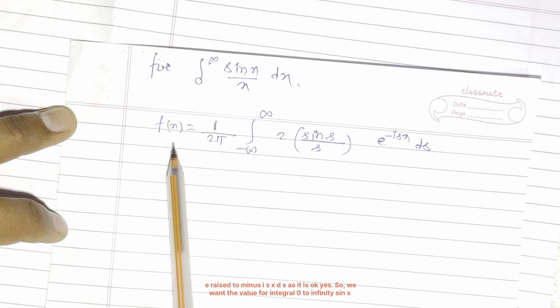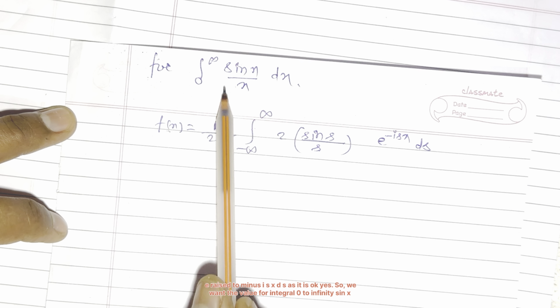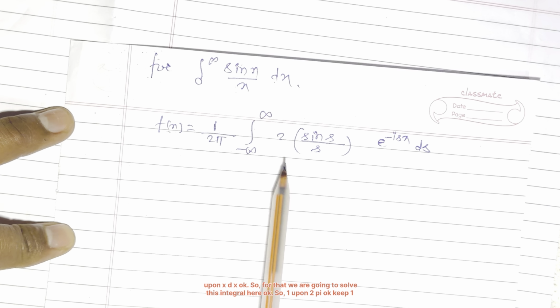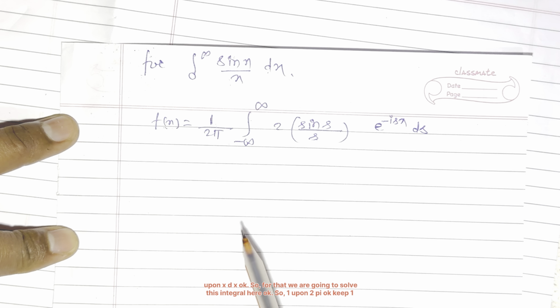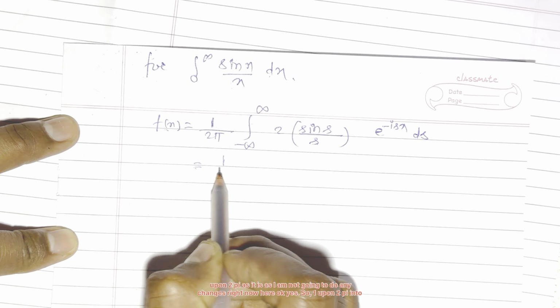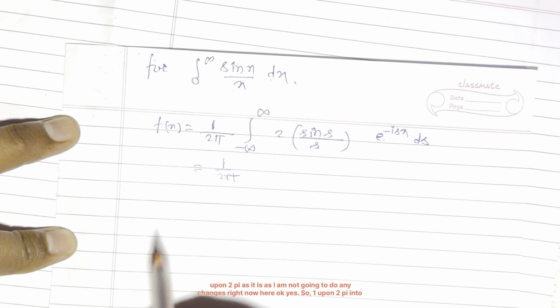So we want the value of the integral from 0 to infinity of sin x upon x dx. For that we are going to solve this integral here. Keep 1 upon 2 pi as it is, as I'm not going to make any changes right now.